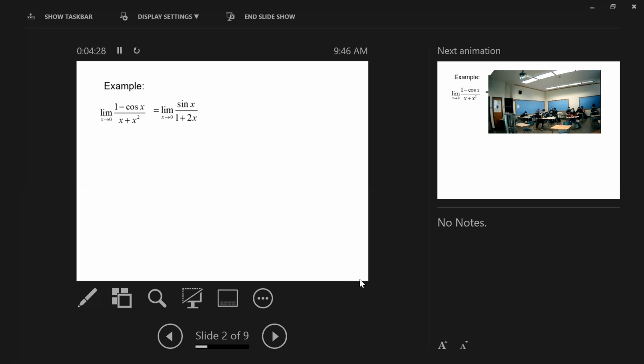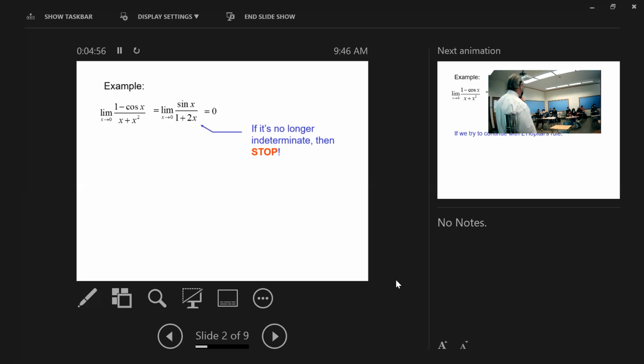So we differentiate the numerator. The derivative of 1 is 0. The derivative of cosine x is negative sine, so you have to subtract the negative sine. You have sine x at the top. Power rule on the bottom. Now by substitution, you would put in the sine of 0.